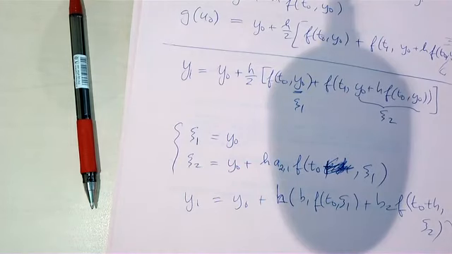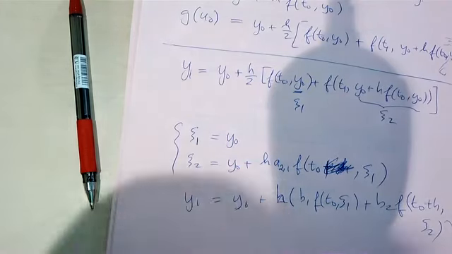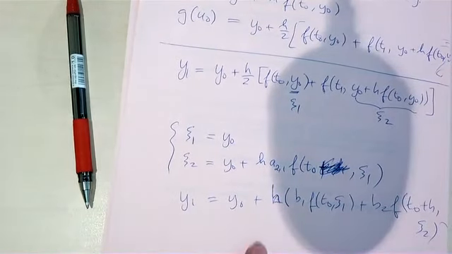So why do I do this? Because my claim is that you can have other methods of this form that still give you order 2 convergence. So Heun's method is not the unique way to give you order 2 convergence.